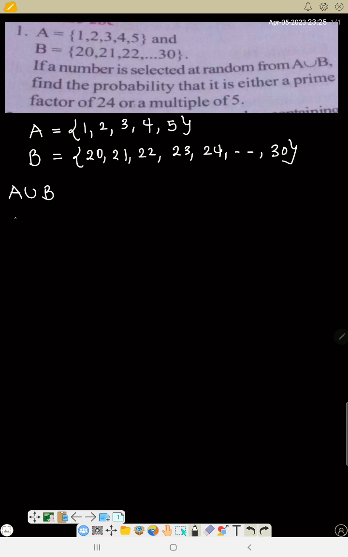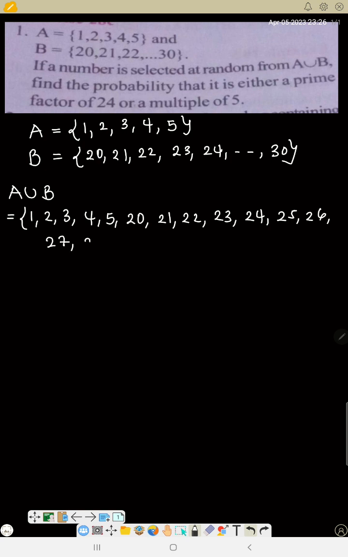So that means A union B will be equal to combining all the numbers here, but don't write any number twice. So that is 1, 2, 3, 4, 5, 20, 21, so like that. So combine everything together.